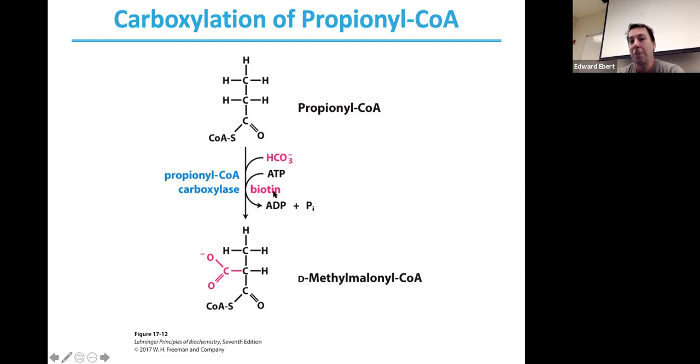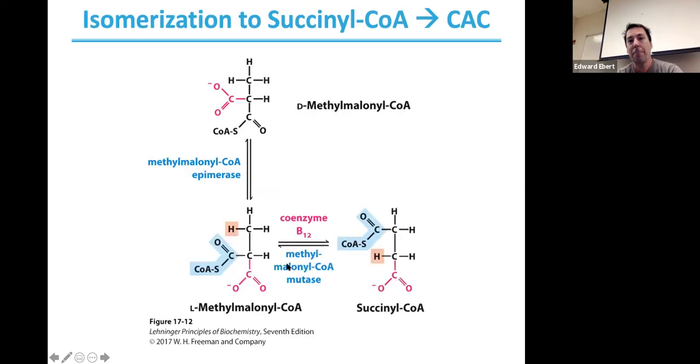But look again, we have a cofactor of biotin in here. Remember, our biotin has that long arm, so that is very useful for moving. It's a very common cofactor for carboxyl transfer. So as we move that carbon dioxide that's coming from our bicarbonate, we can put that in the right position to make our methylmalonyl-CoA. All right, we end up mutating that to L-methylmalonyl-CoA.